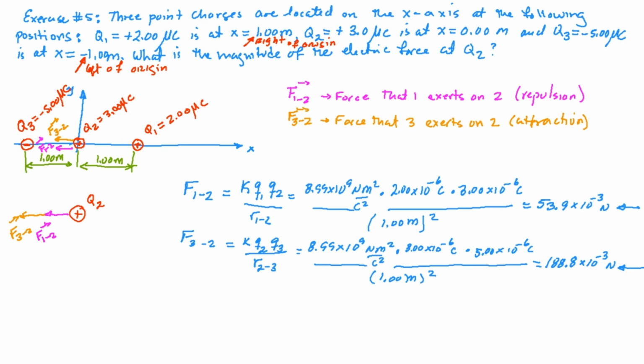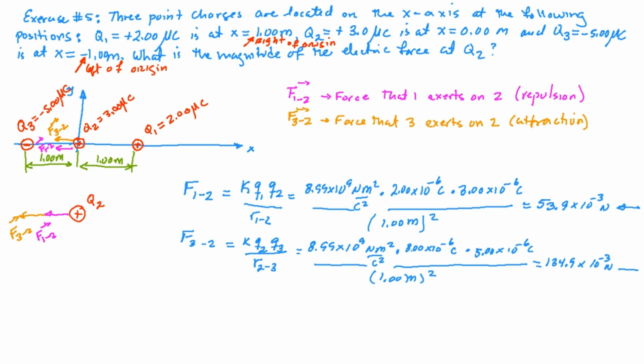Sorry, I'm looking at the wrong place. So this value is 134.85, so 134.9 times 10 to the negative 3 newtons to the left.